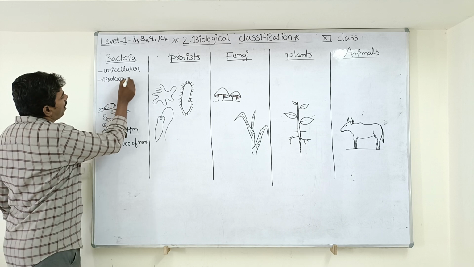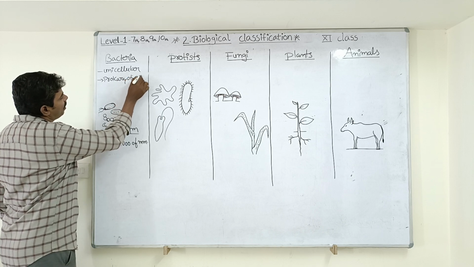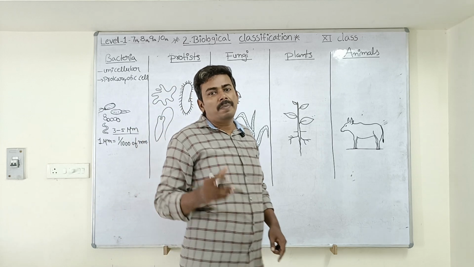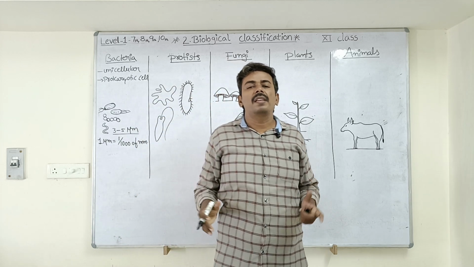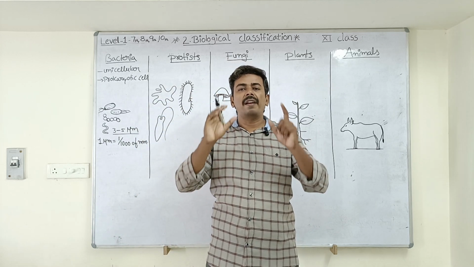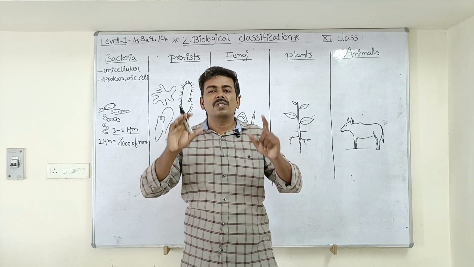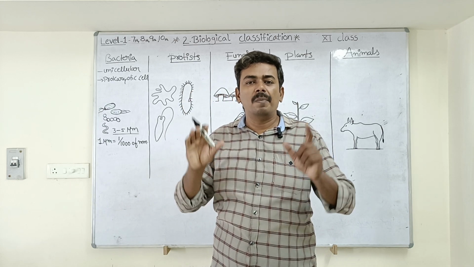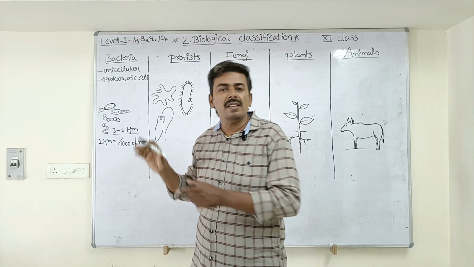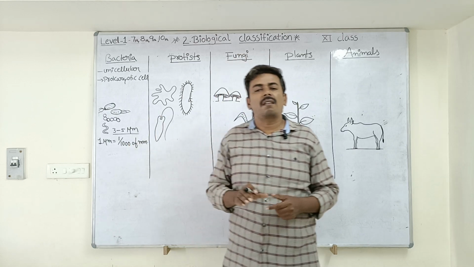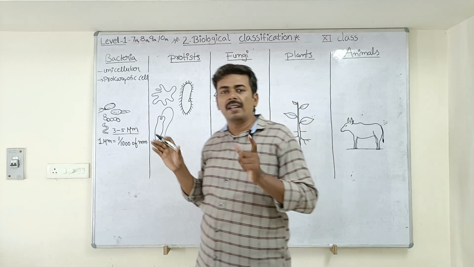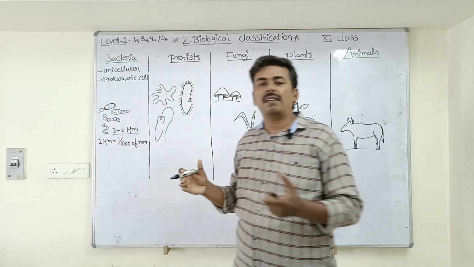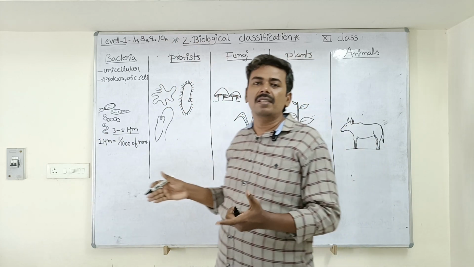What is a prokaryotic cell? Pro means primitive, karyon means nucleus. That means they have a primitive kind of nucleus, almost no nucleus inside the cells. Nucleus will be absent inside these bacteria. That's why they are called prokaryotic cells. Also, you can call them prokaryotic organisms.